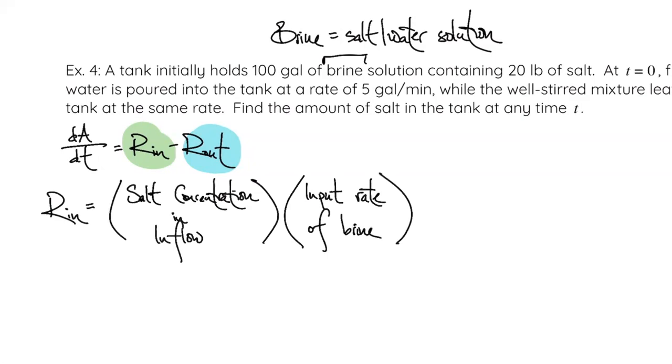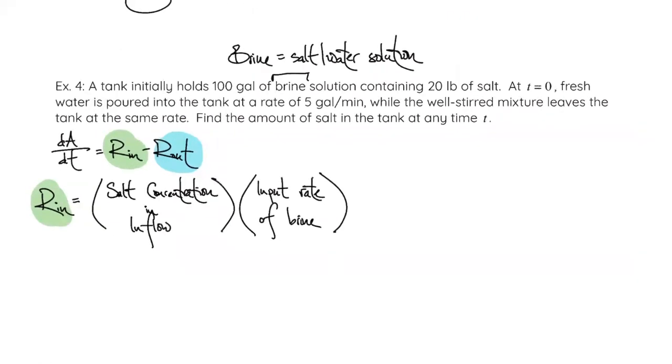Whatever liquid is coming in, we need to take care of the rate there. And if we look back in the word problem, we'll notice that it tells us that at t=0, fresh water is poured in. And fresh water means that there is no salt in it. So our salt concentration is actually going to be 0 pounds per gallon.